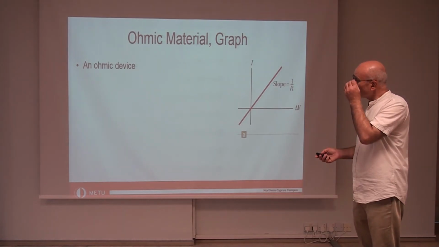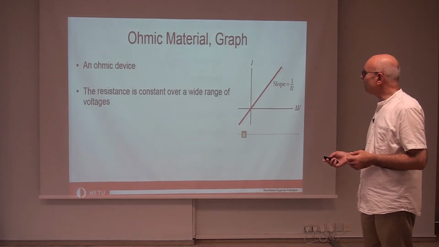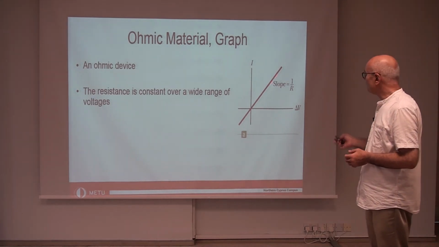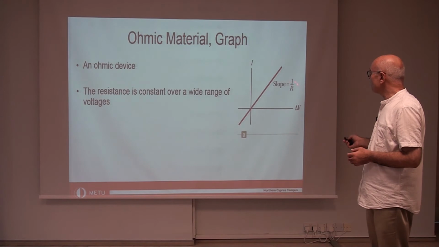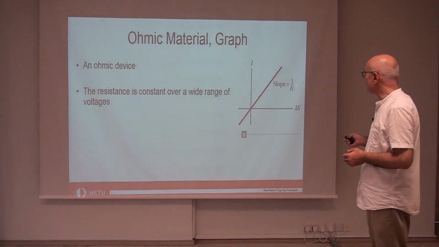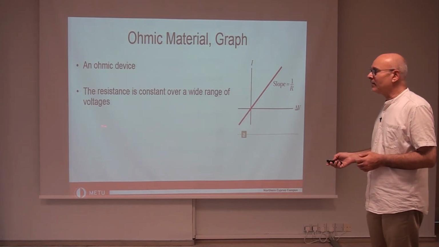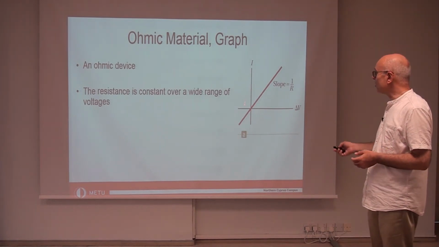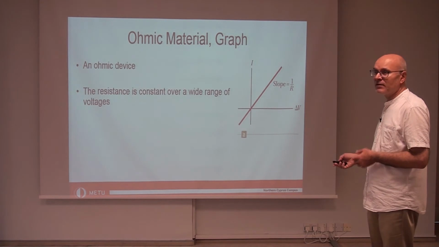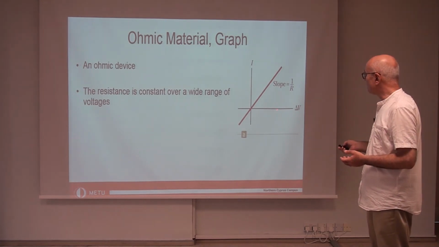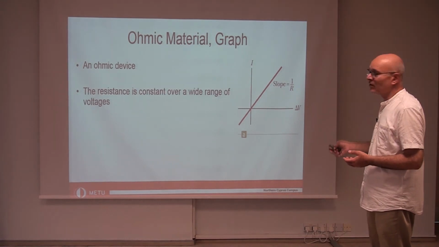Now, graphically, if we have an ohmic device and you plot I versus delta V, what you get is a straight line because the resistance is constant, and the slope in this case will be 1 over R. In engineering applications, it's more common to plot I versus delta V, but sometimes, in physics especially, we plot I on the horizontal axis and delta V on the vertical axis.